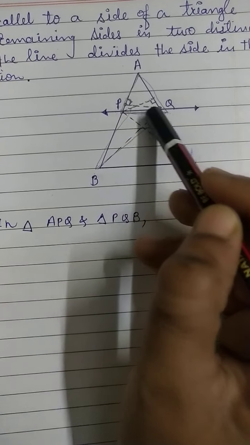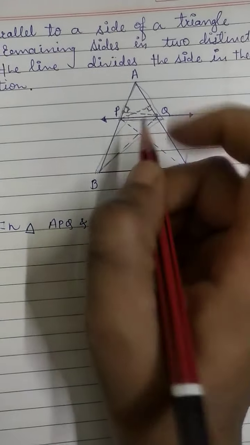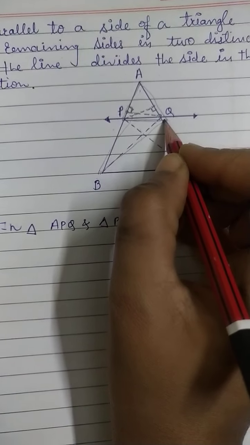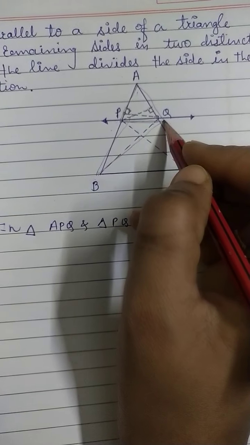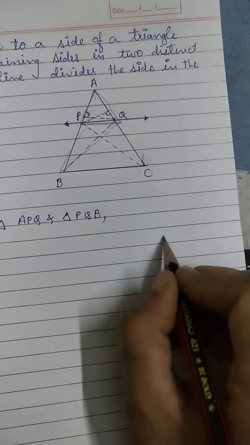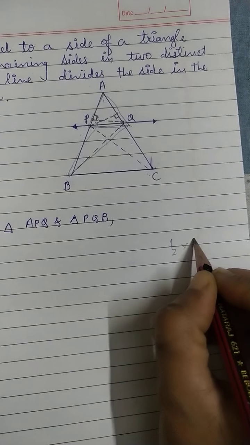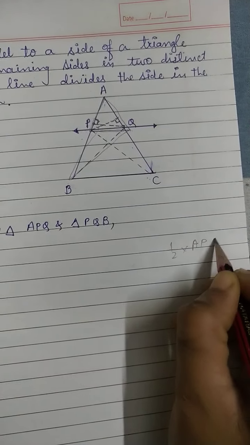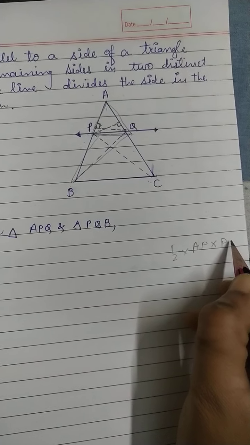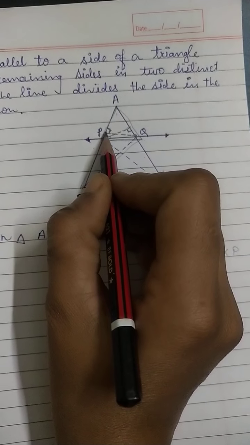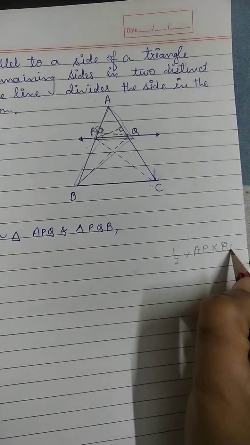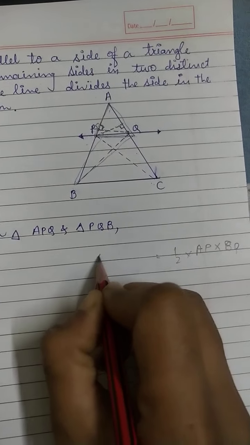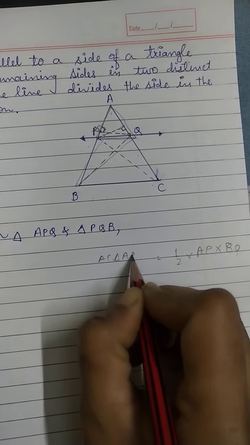This is nothing but the height of triangle APQ. So if I want to write down the area of triangle APQ, I'll do half into base, that is AP, into height, that is SQ. That is the area of triangle APQ.